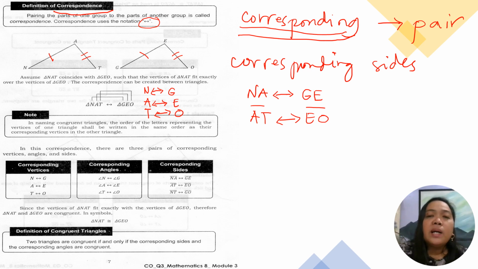Vertex N corresponds to vertex G. Vertex A corresponds to vertex E. And vertex T corresponds to vertex O. And the last corresponding sides there are segment NT and segment GO.